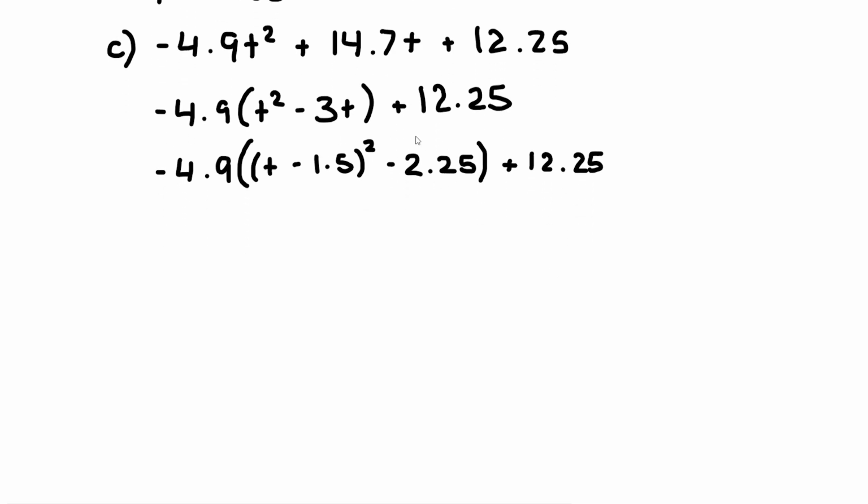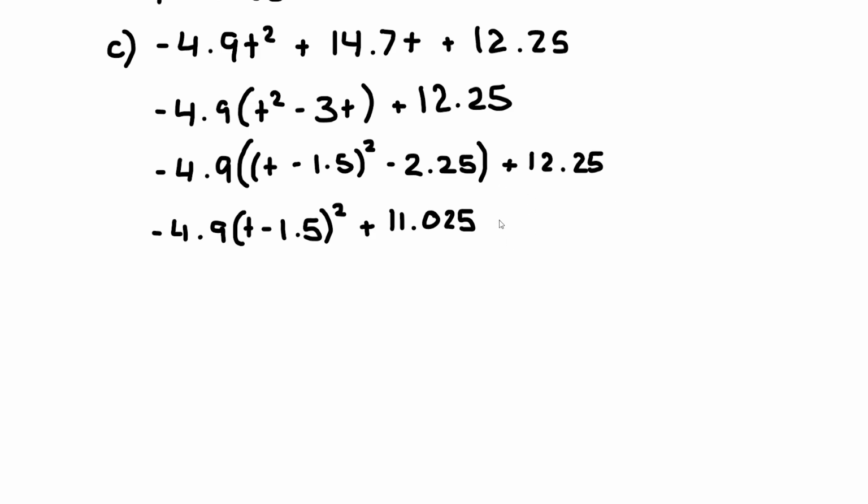Now we want to take this out of the bracket so we can collect it with 12.25, right? So let's do that. And to do that, we need to multiply it by minus 4.9, right? So this t minus 1.5 squared does not change, but minus 2.25 times minus 4.9 will give you positive 11.025.